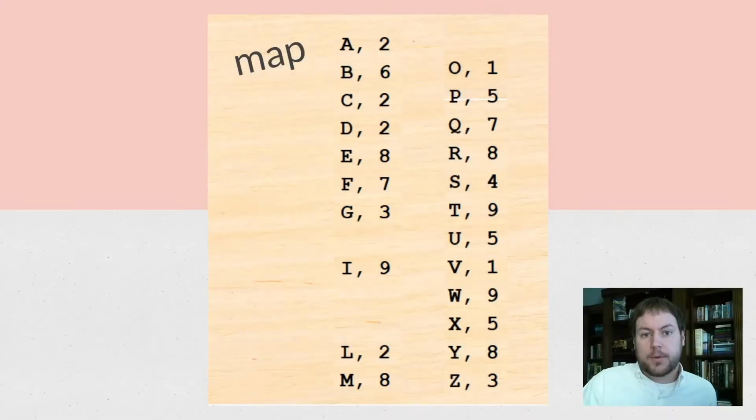I will say, for those of you who already know what map and reduce do or are familiar with functional programming, this isn't 100% accurate. Really this looks like the result of a map and a reduce, but here's the difference. Map is going to map each letter out into its own element. So really, instead of A, 2, you would have A, right?